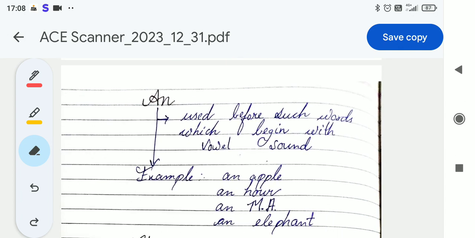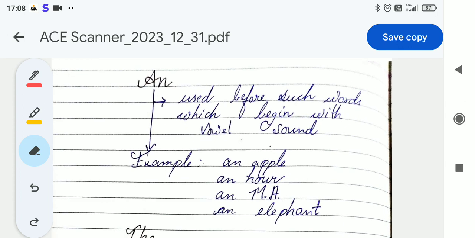Next one is use of an. An is used before words which begin with a vowel sound. Vowel sound means a sound like A sound, E sound, I sound, and O sound.